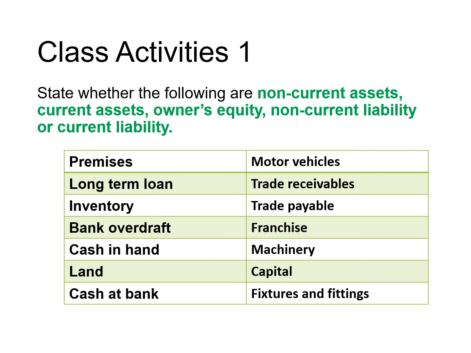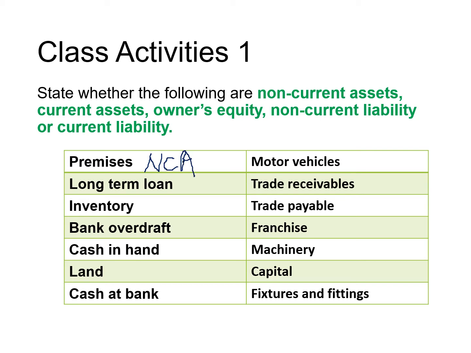So, the premises. Premise ni adalah property of the business, right? So, dia boleh gunakan premise ni untuk masa setahun ataupun lebih. Of course dia akan guna untuk lebih daripada setahun kan. Premise tu takkan guna dalam masa 1 year lepas tu habis. So premise ni adalah the non-current asset.